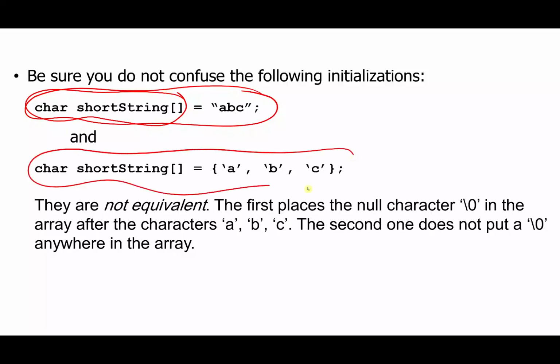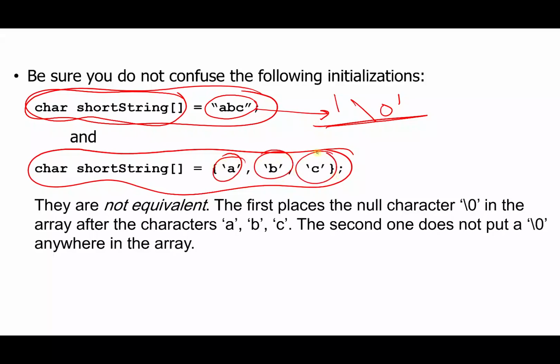When you do that, the compiler immediately adds \0 without showing you that it's added. But when you deal with one character at a time in an array, you must manually add the \0 for it to be considered a C string. This is a C string, this is not, unless you add a \0.